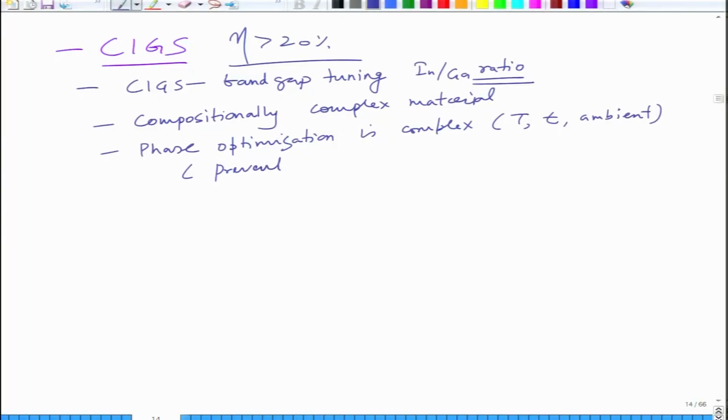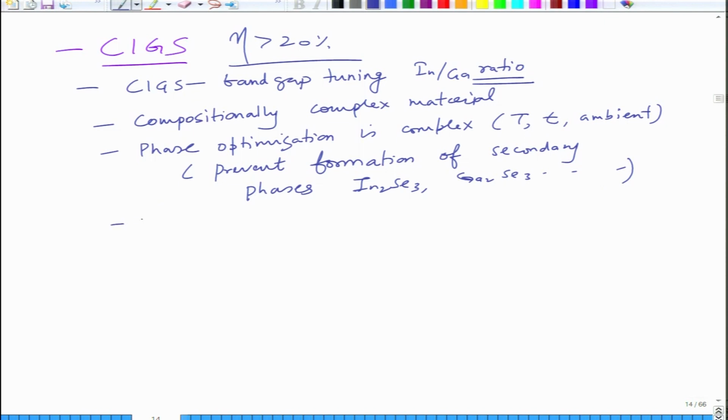So, you have to prevent formation of secondary phases, and these secondary phases can be In2Se3, Ga2Se3 and so on; a variety of these compounds can form.